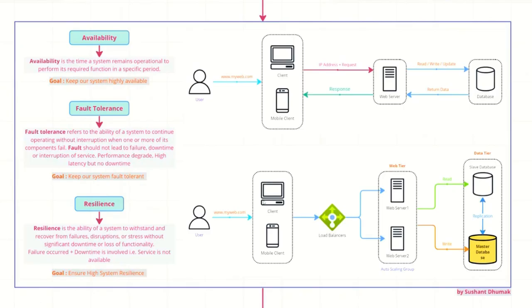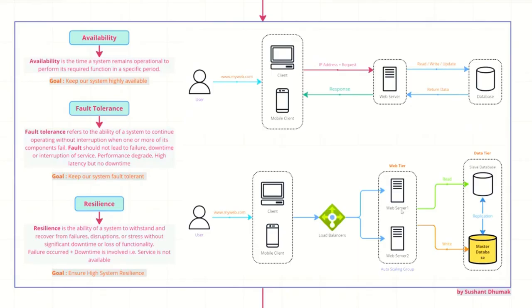Okay, moving on to the next topic, which is resilience. Let's look at the definition. Resilience is the ability of a system to withstand or recover from failure, disruption, or stress without significant downtime or loss of functionality. What is it saying? For example, suppose all the servers in the auto scaling group are down and your system is not available.